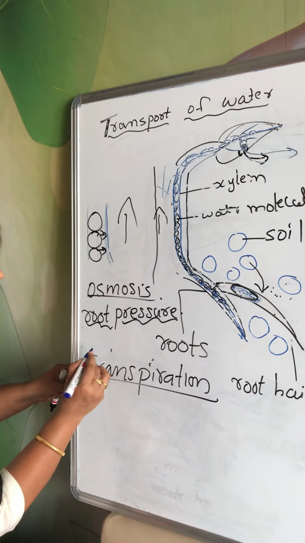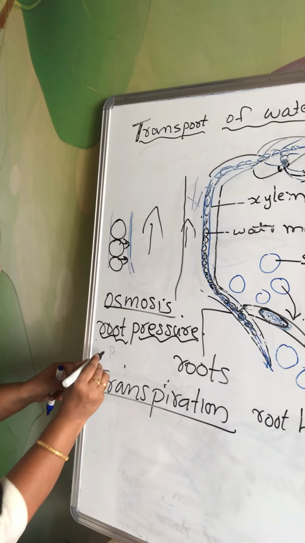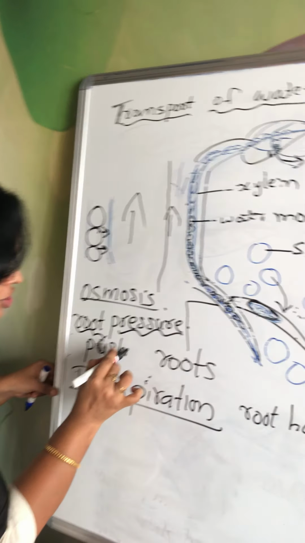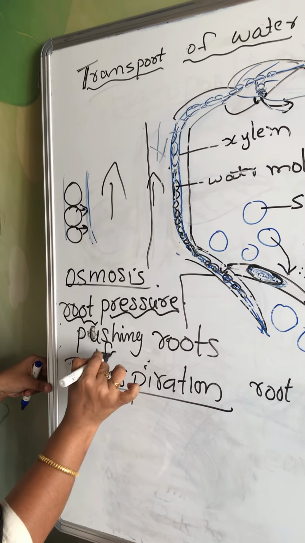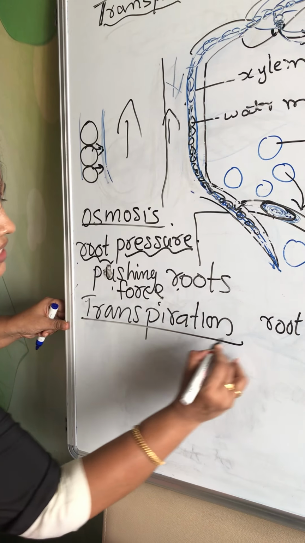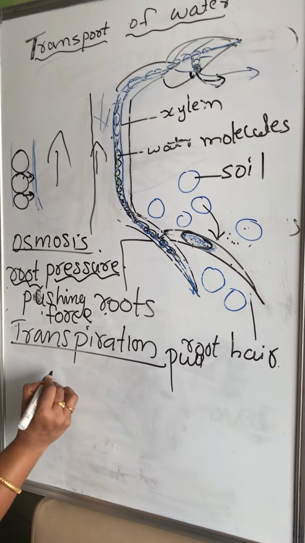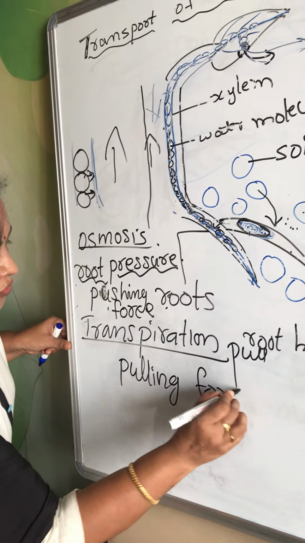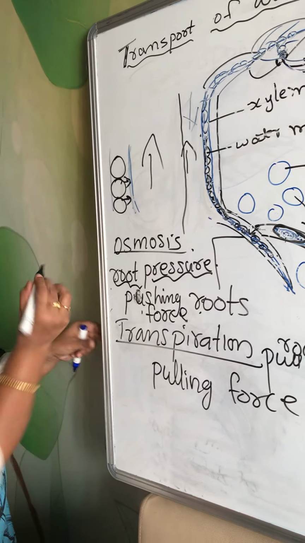So there are two forces. One is the pushing force, which we call root pressure, pushing from bottom to top, and the other one is called transpirational pull, or pulling force. For smaller plants, this is enough to make the water move upward.